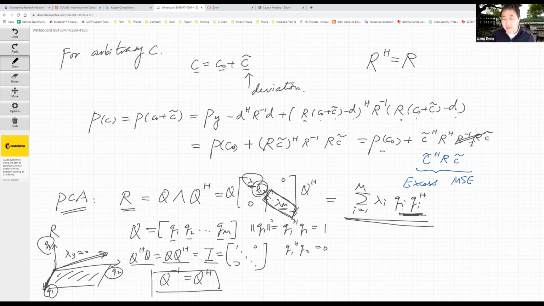If I know the rank of my signal space should be 3, I only take 1 to 3, and I neglect all these smaller values. Those are what you land on the orthogonal noise space. Okay, so that is called principal component analysis.